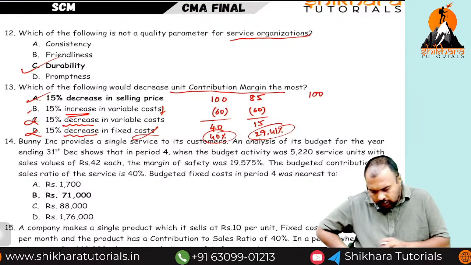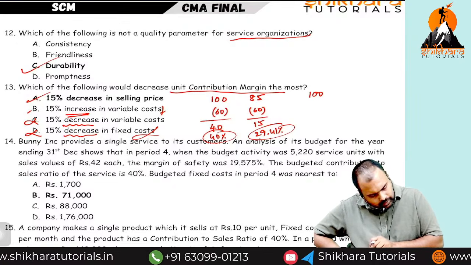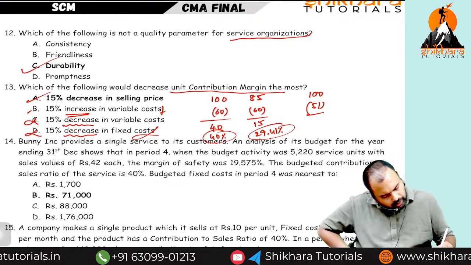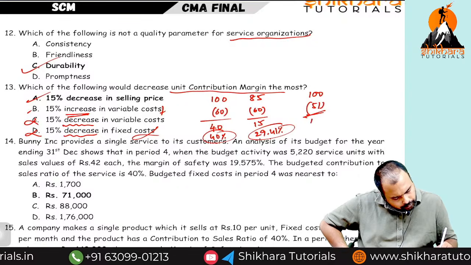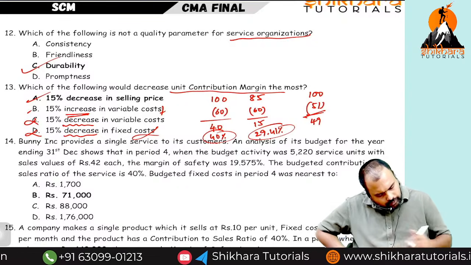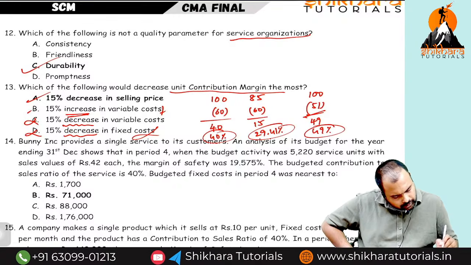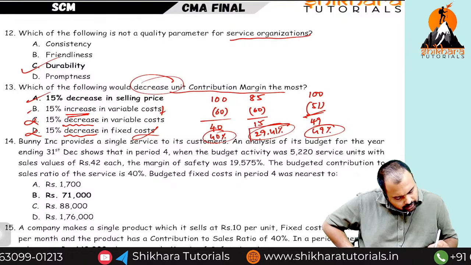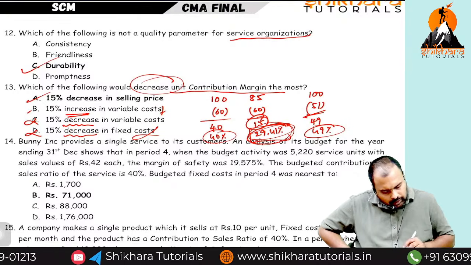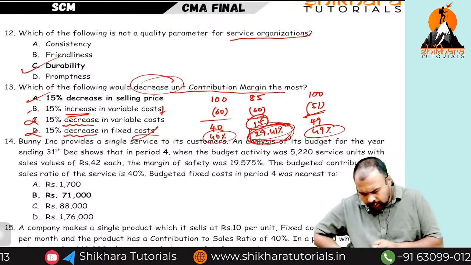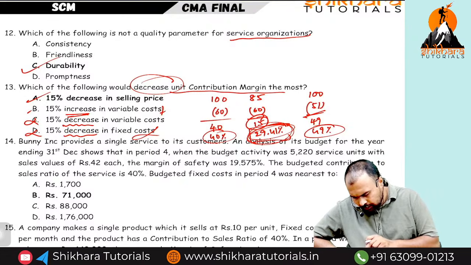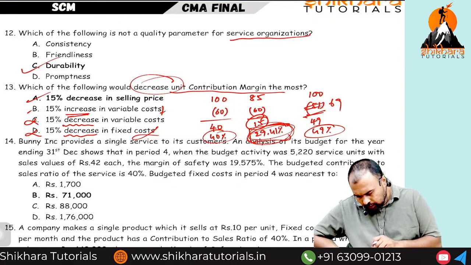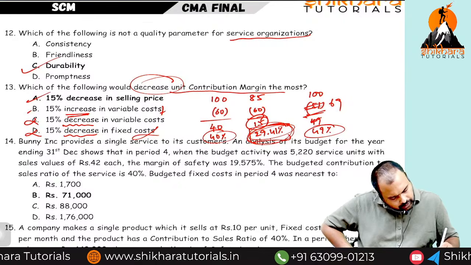So 100, and if variable cost 60 increases by 15%, it is 69. 100 minus 69 gives you 31, sir.